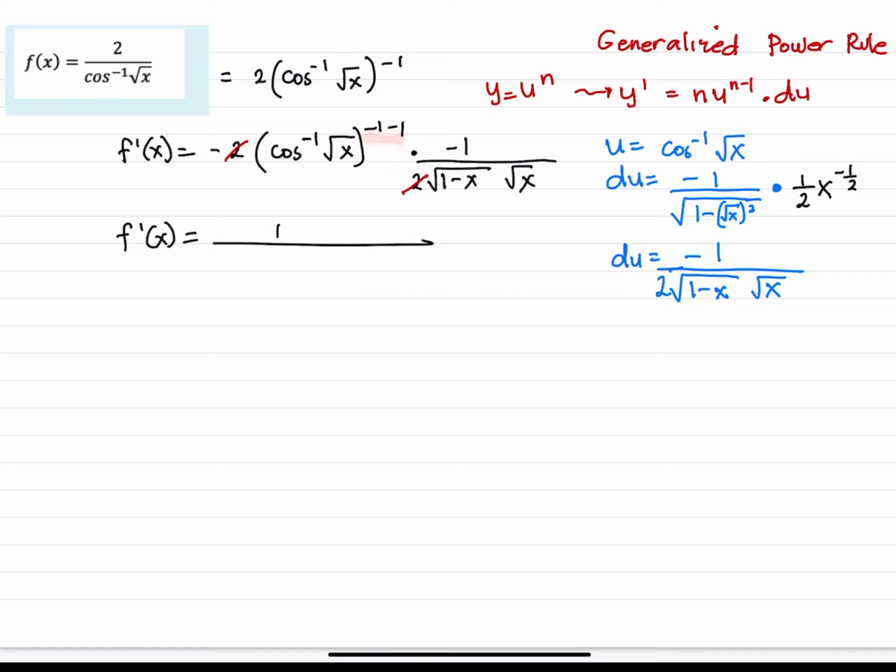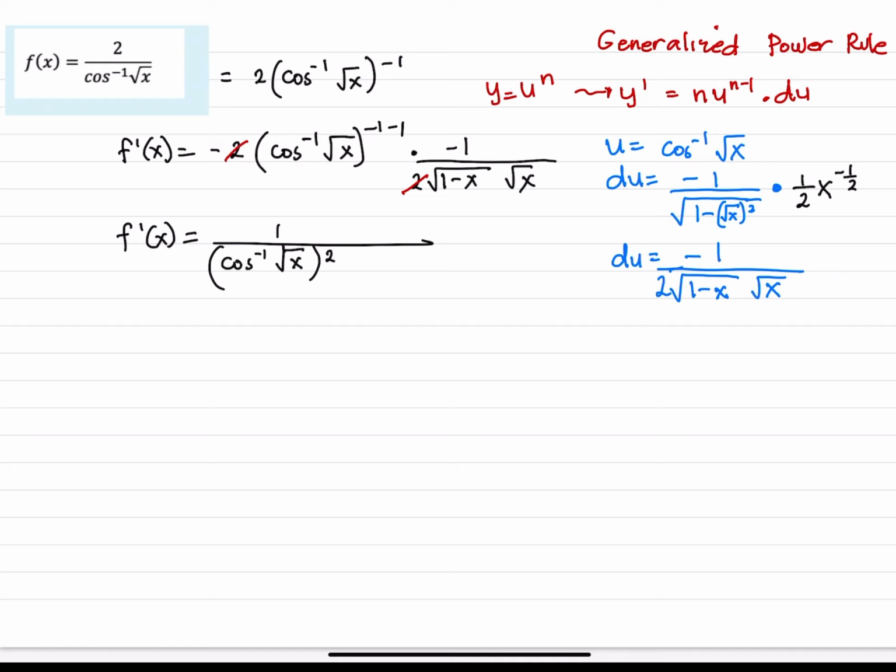But if you want to express it with a positive exponent, then we have to write this in the denominator. So all over arccosine of the square root of x raised to the second power times our du.